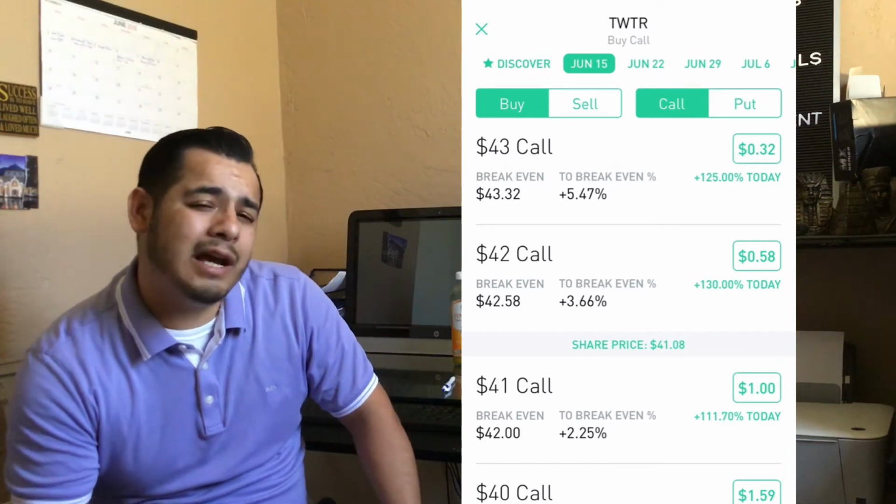See, that's a beautiful thing about options, you guys, that you're able to make so much percentage gain in one trade, in one swing trade. At the same time, you're able to lose so much money. So that's why you gotta be confident. You gotta be 100%, 110% sure that you know what you're doing, because as easily as you can make money, as easily you can lose money.